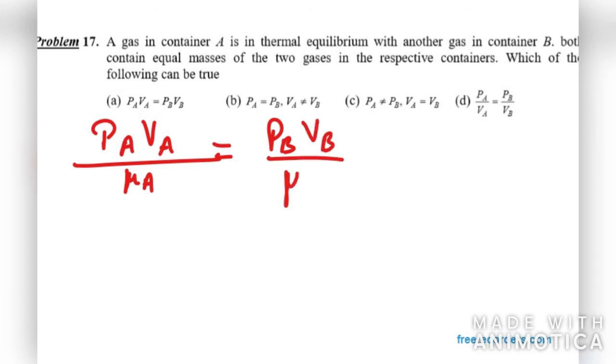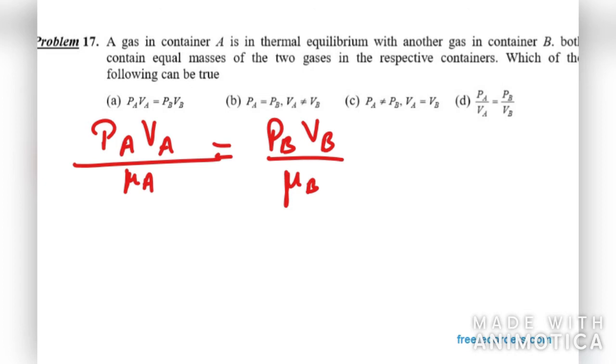Now it is also said that mu is different for both cases, because the masses of the gases are equal, so the number of moles will not be equal. So mu A is not equal to mu B.